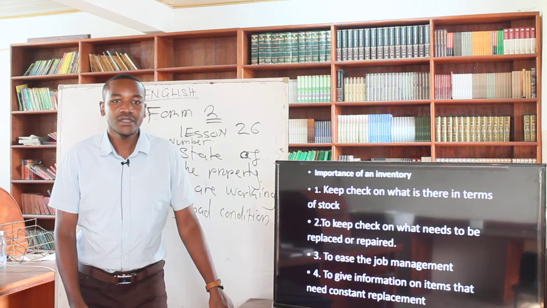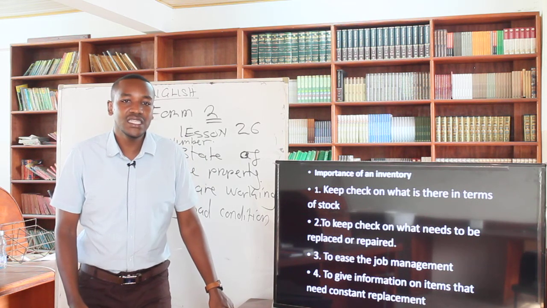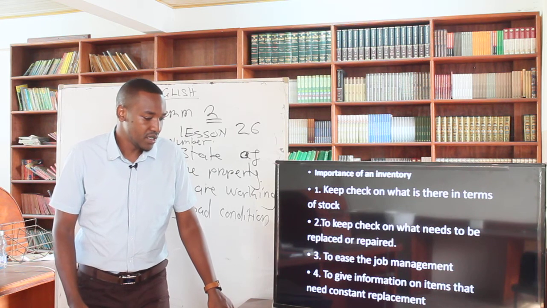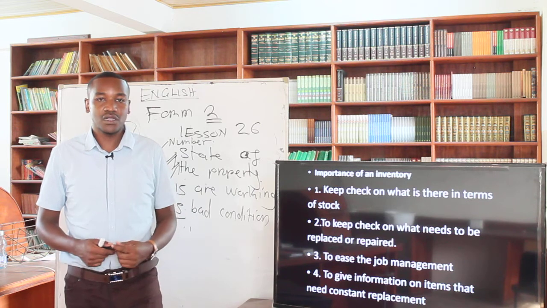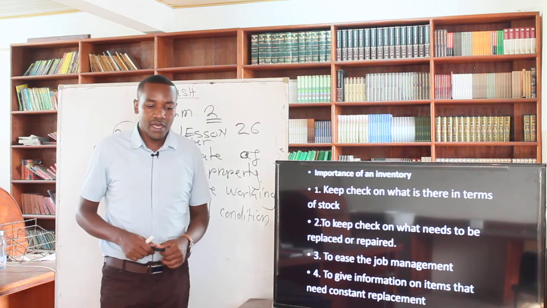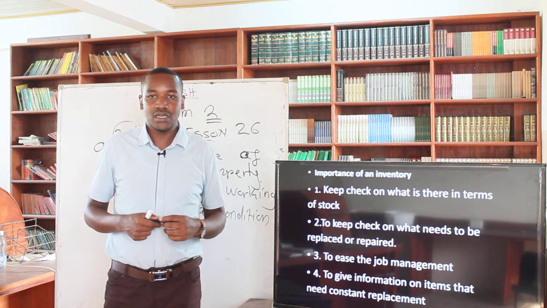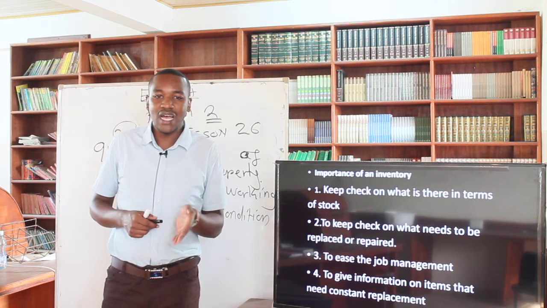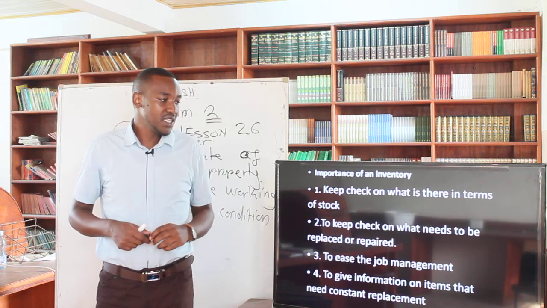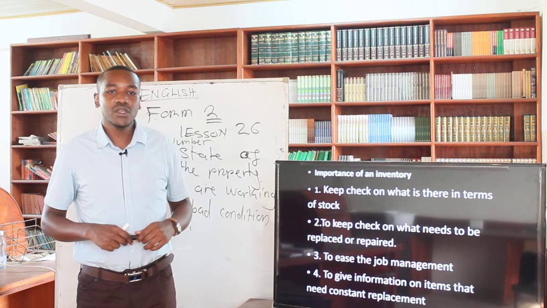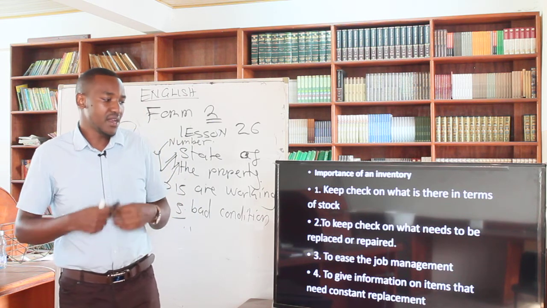Then, at the same time, to give information on items that need constant replacement. Remember, for example, in the lab, whenever we are doing these practicals, you find that there are some apparatus that are used frequently, while others are not used as frequently. So the ones which are used frequently need to be replaced every now and then.